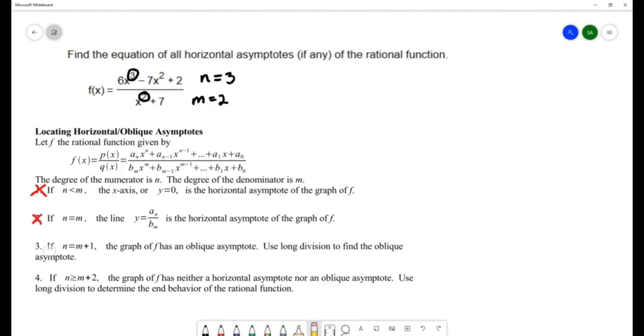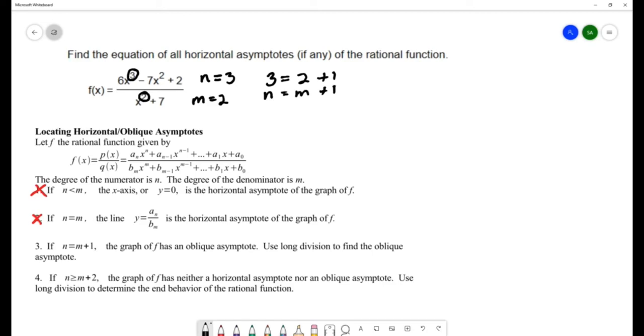And then we have the third case where n is equal to m plus 1. That's where the degree of the numerator is 1 larger than the denominator, and that is the case that we're in. 3 is 1 more than 2. n is 1 more than m.